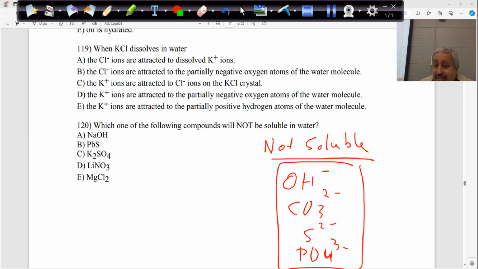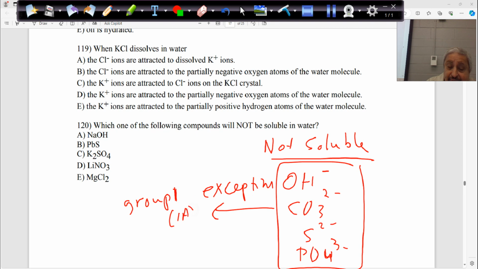However, the exception here: they are soluble when they have group number 1, or group 1A, plus ammonium.